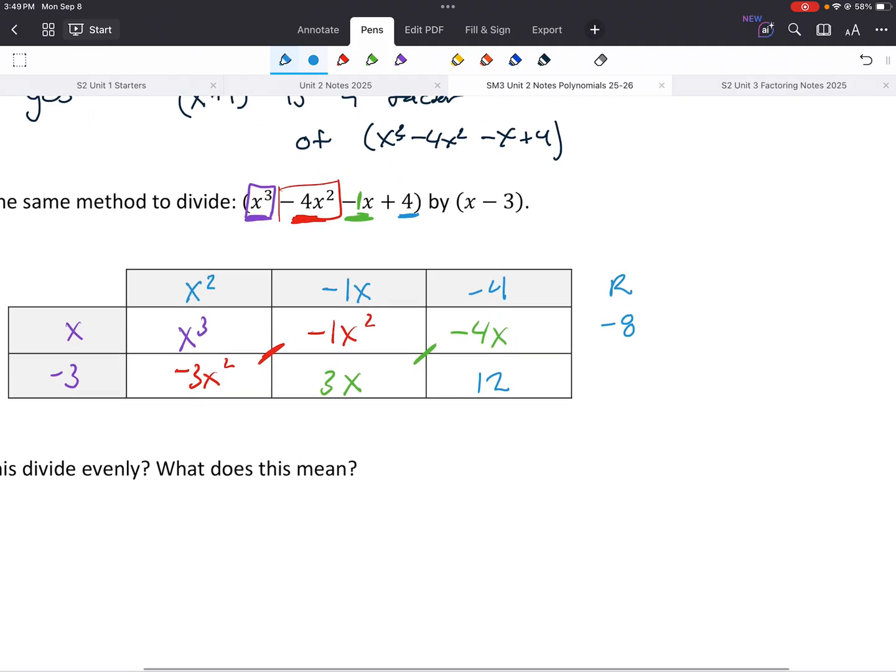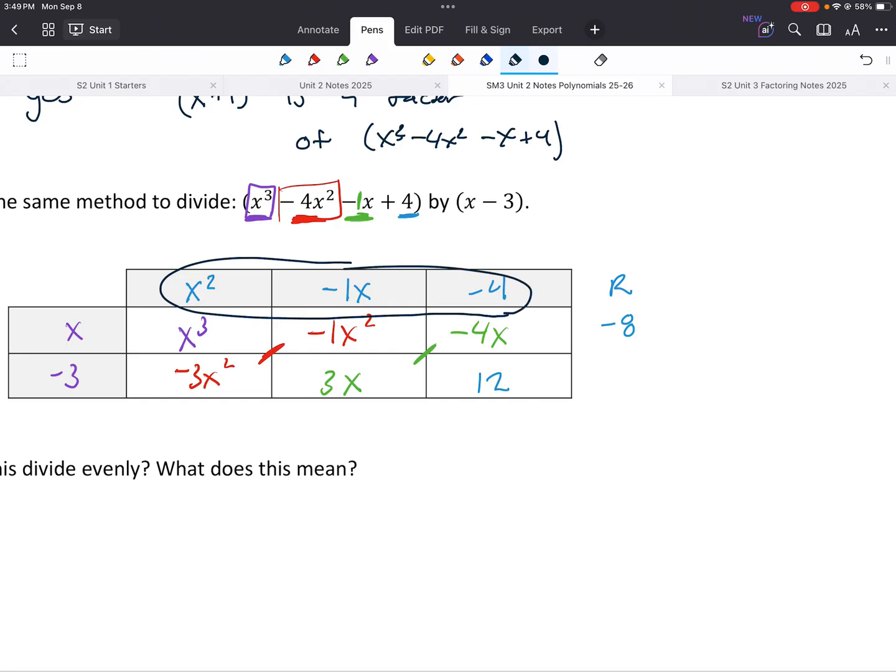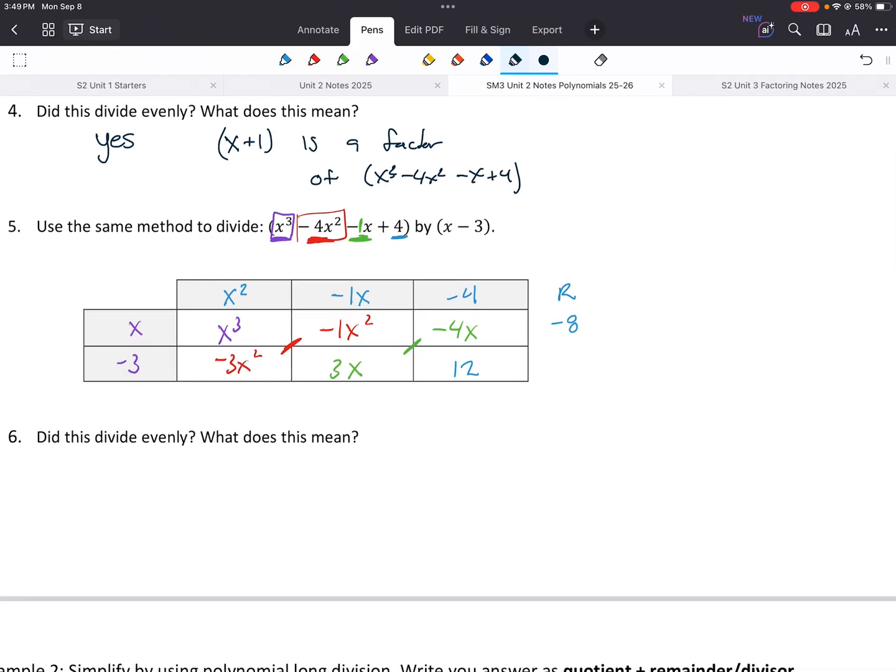Okay, so again, we want to write our answer as the quotient plus the remainder, and then divide it by the divisor. Okay, so we'll go and write that now. So x squared minus 1x minus 4, and then we're going to add our remainder over our divisor.